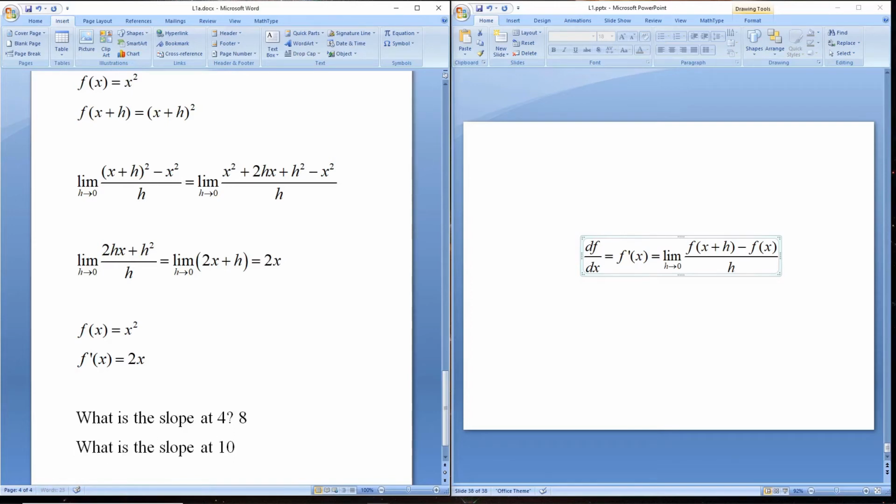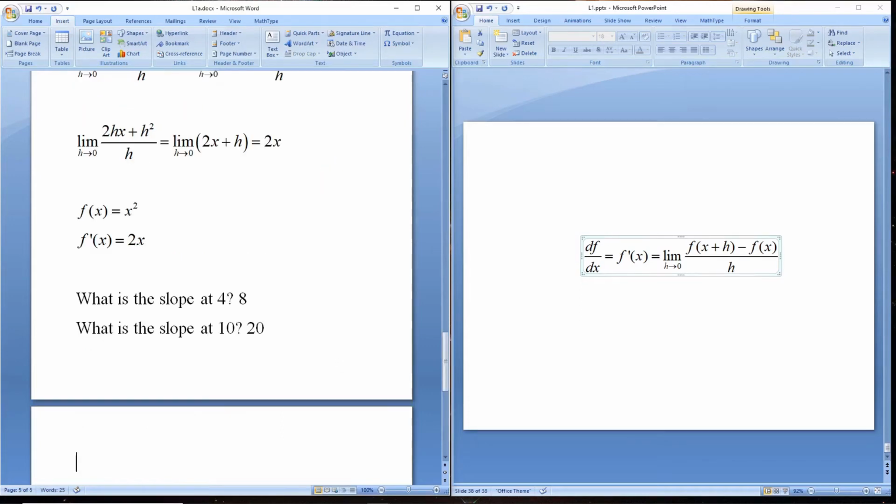So let's say, what is the slope of this function at 10? Well, plug 10 into the derivative. The slope is 20. What about, what's the slope at 0? Well, plug 0 in, we get 0.